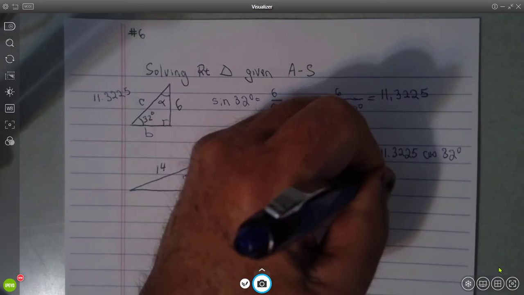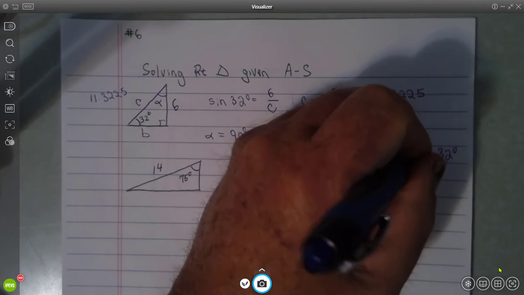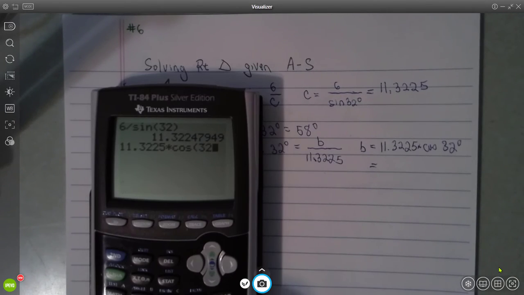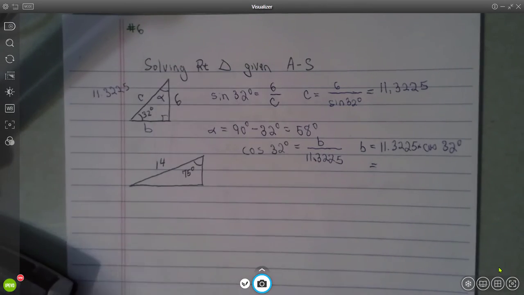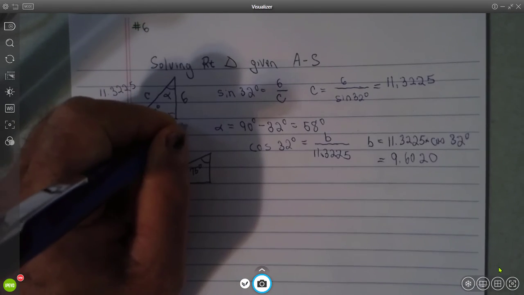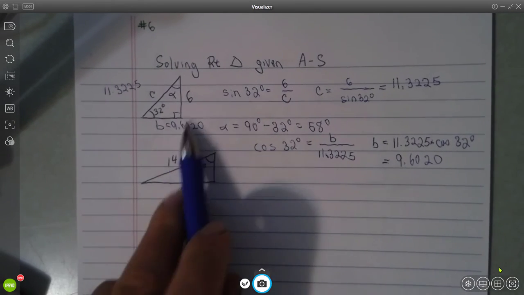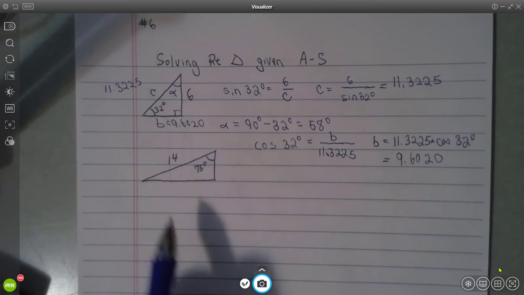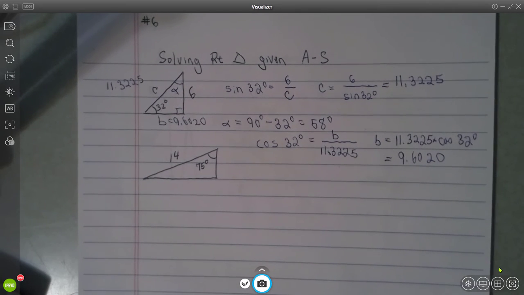And we get that with our calculator. And we have about 9.6020. Okay, we have all three sides now, and we have all three angles. So that triangle is solved.